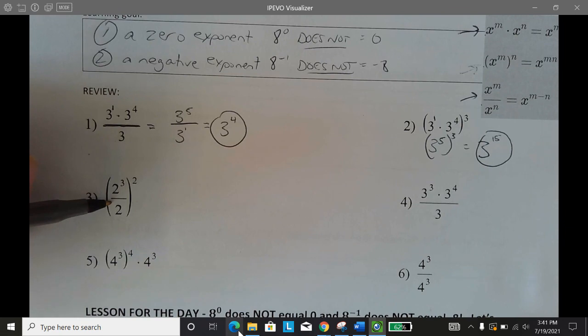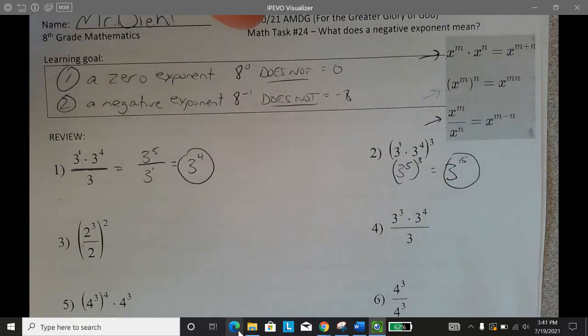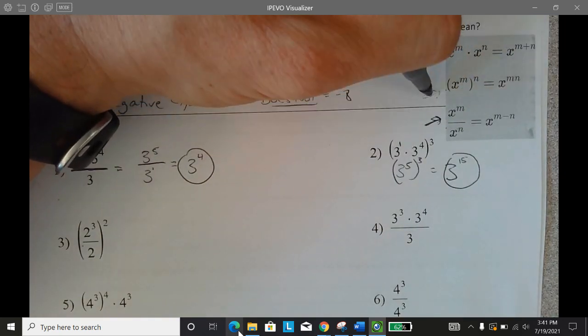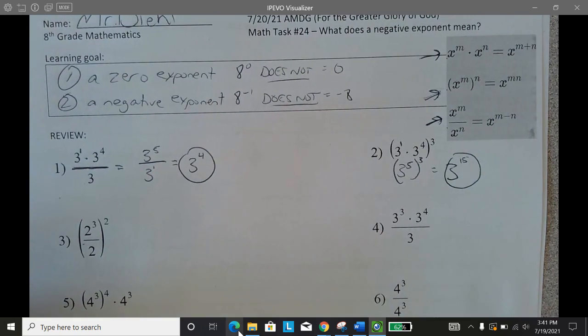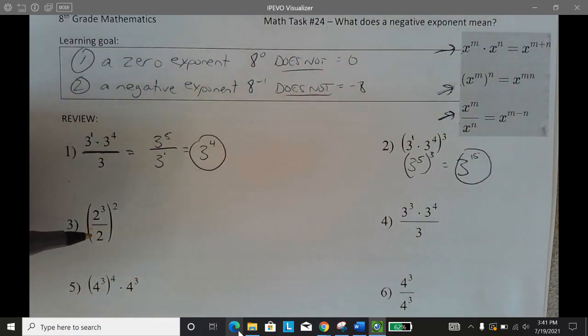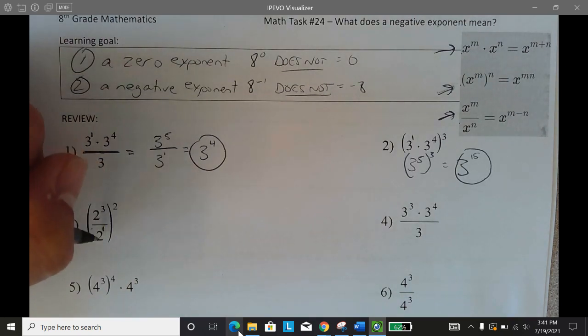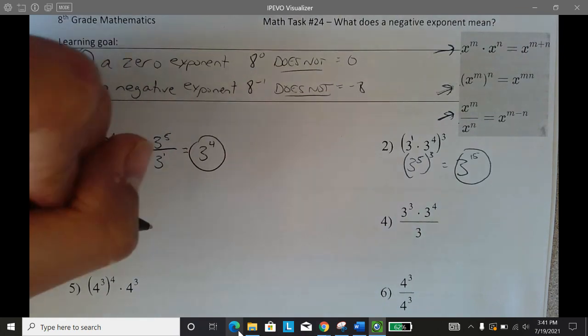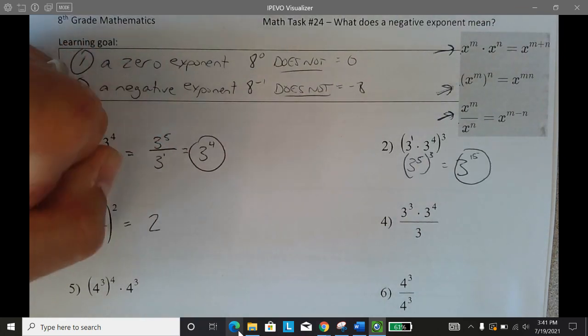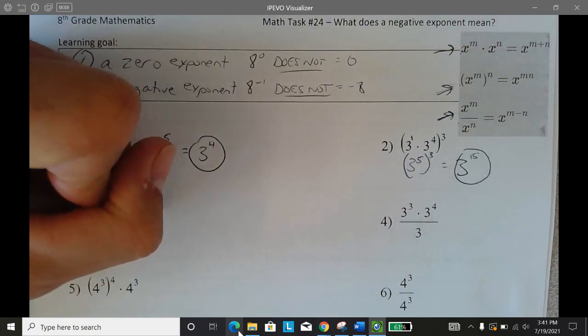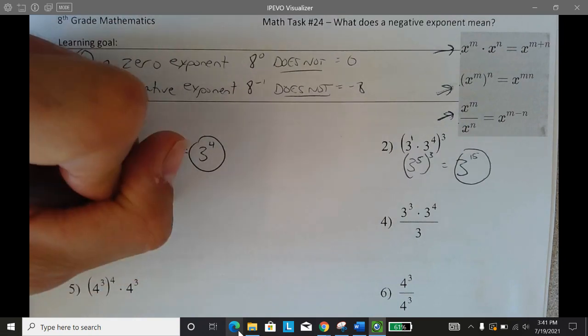Here, it looks like I have a division and then another power. So I'm going to use this rule, and then this rule. First thing is division. 2 just means 2 to the 1st power, meaning there's one factor of 2. Since I'm dividing and the bases are the same, I'm going to subtract those exponents. So 2 to the 3 minus 1 is 2, so that's going to be 2 squared.